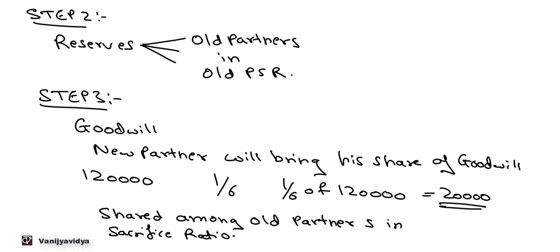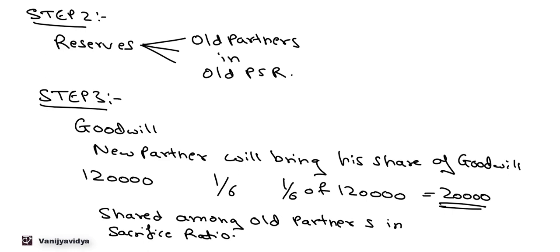So these are the three steps which we need to do before admission of the new partner, that is revaluing assets and liabilities and transferring the profit and loss of revaluation to the old partners' accounts. Then if we are preparing a memorandum revaluation account, we need to transfer the profit and loss to the old partners in the old profit sharing ratio, and then reverse that entry in the new profit sharing ratio. Step 2 will be reserves.